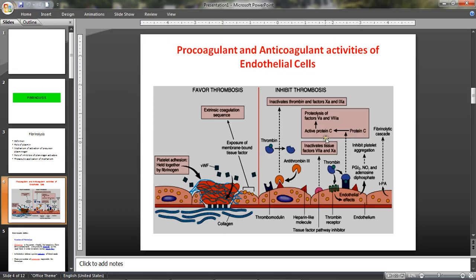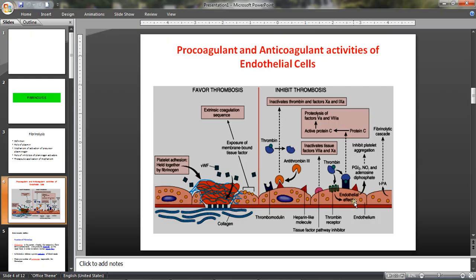And in this way, when these proteins C and S become activated, they cause the proteolysis of factor 5A and factor 8A, or the activated form of factor 5 and the activated form of factor 8.